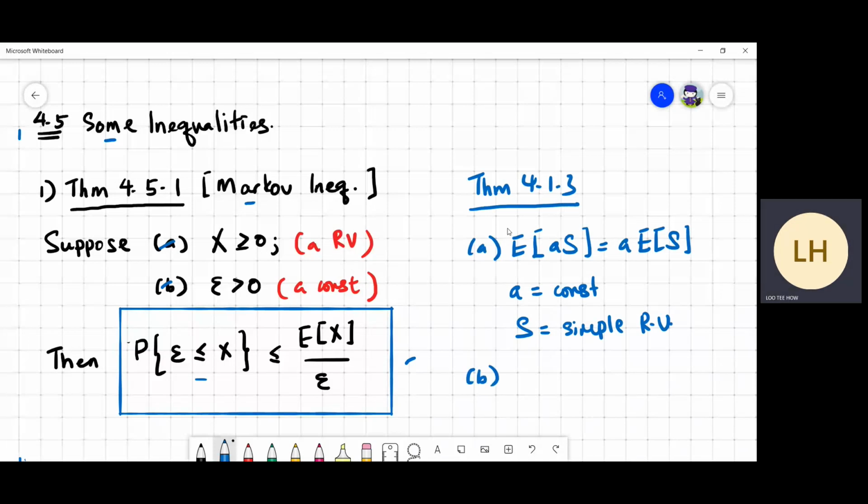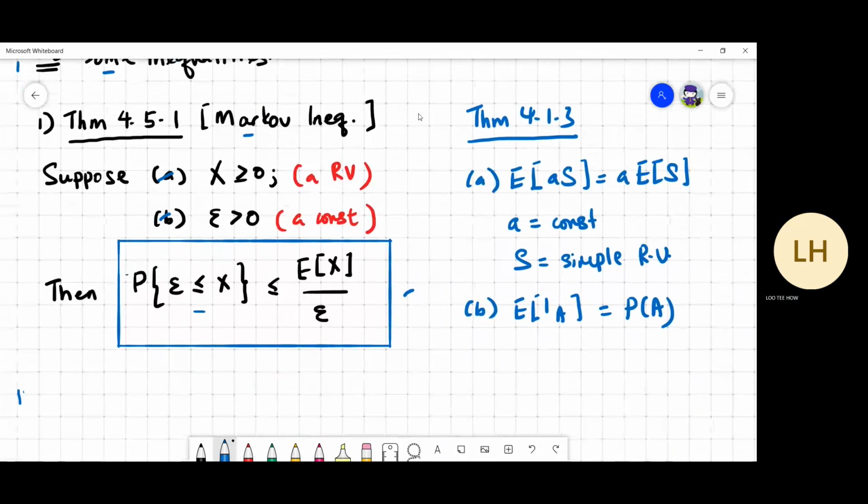And the second statement that we need is this: E of 1_A, the indicator function corresponding to the event A, is equal to P of A, the probability of the event A. By using statements A and B, we can prove theorem 4.5.1.